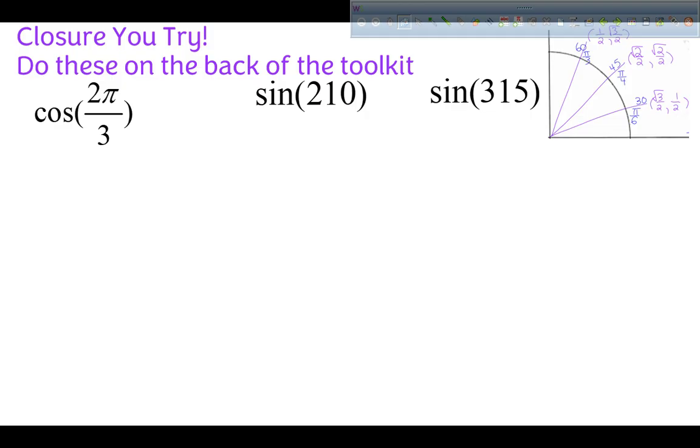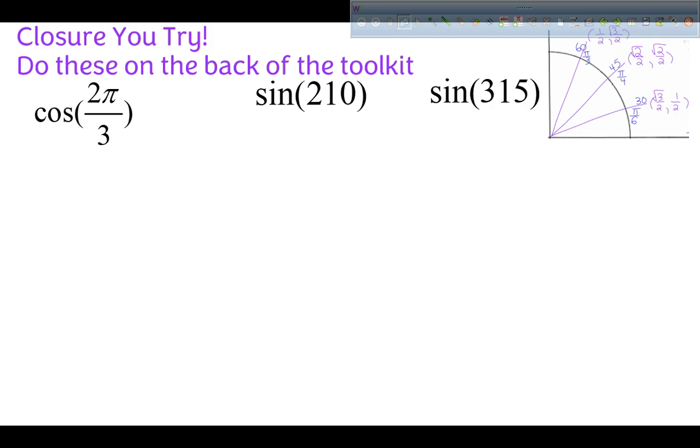Now, 2 pi over 3, just simply because there's a 3 there, your reference angle is pi over 3. You don't do any more. So you want to use the coordinate point at pi over 3. In terms of these ones, I needed to use 30, 45, or 60. In terms of radians, I need to use pi over 3, pi over 6, or pi over 4.